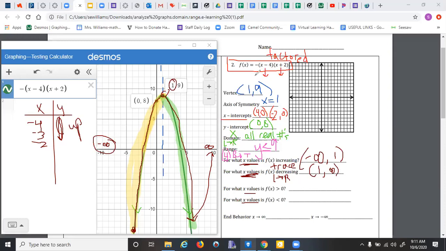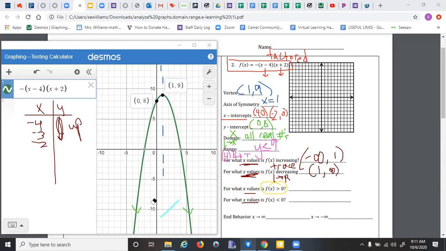All right. What about this? F of x greater than 0. What does that mean? Anybody? X values above the x-axis. Good, where it's above the x-axis. So let's see.